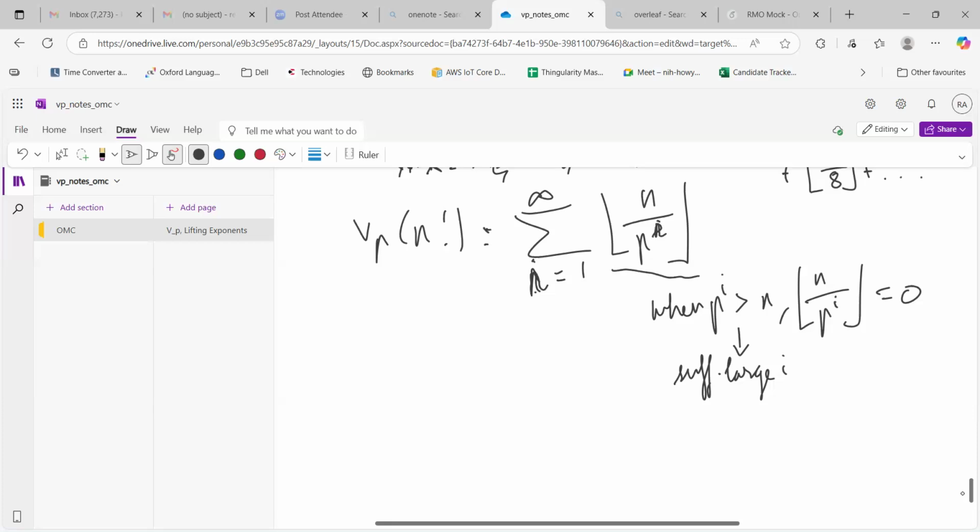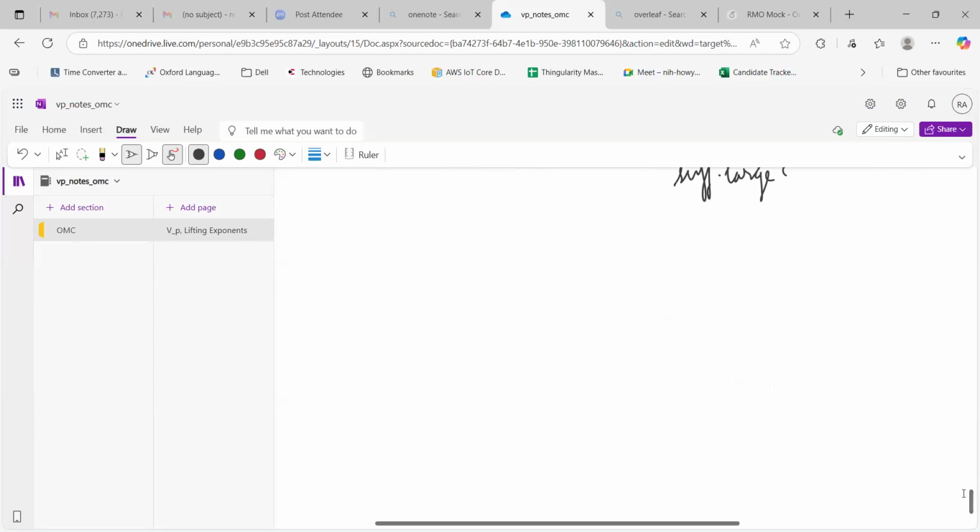Sir, I have a question. Don't call me sir, please. But how we did before, similarly can we find V of (x plus y) factorial? Yes, of course. So VP of (x plus y) factorial, you don't even need the VP of x plus y formula.